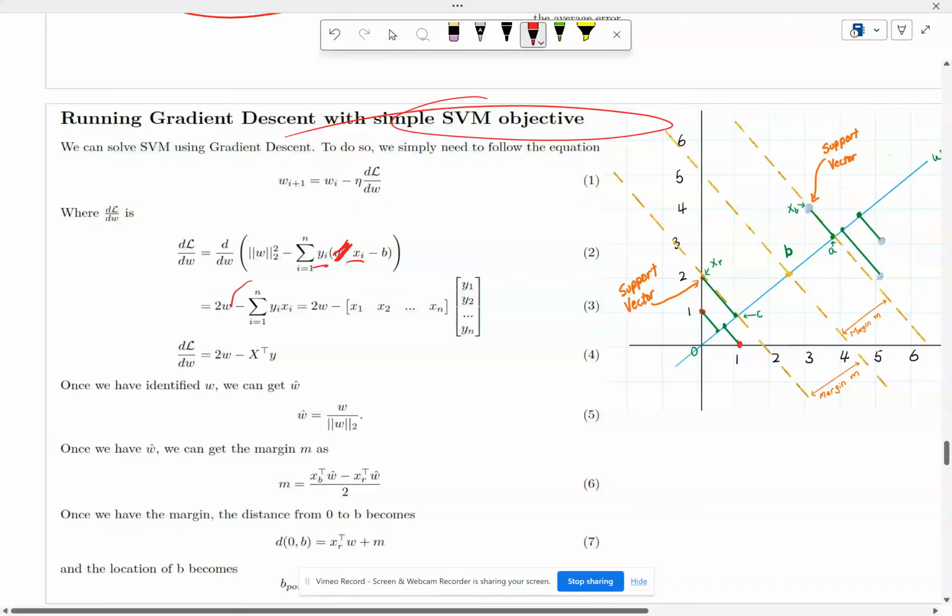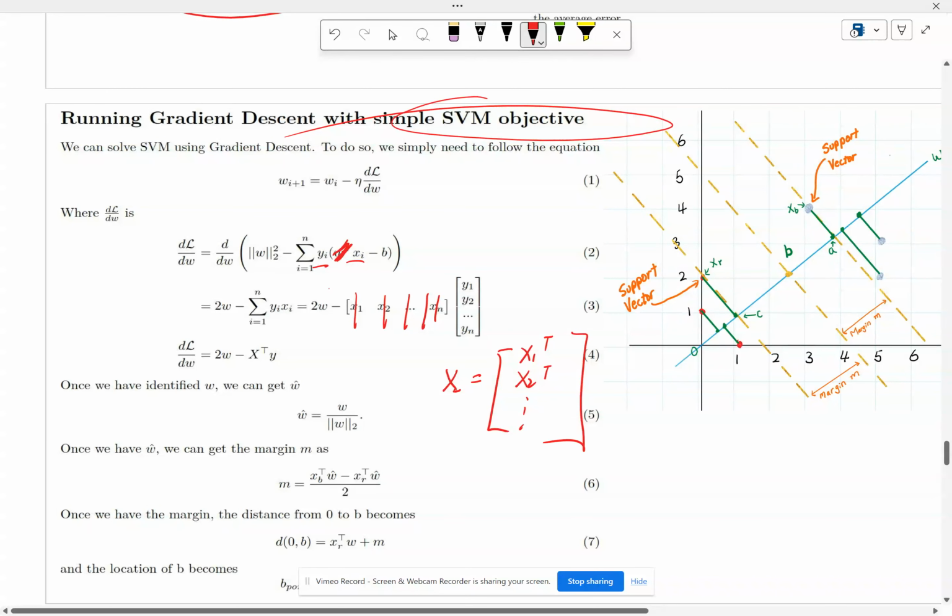Now, I'm going to rewrite this as x1, x2, xn. So notice this and this are exactly the same, right? xi is a vector. So yi is going to multiply by this vector, add on to y2 multiplied by this vector. That's why these two expressions are the same. Since they're the same, each one of them is a vector. Remember, the matrix X is x1 transpose, x2 transpose.